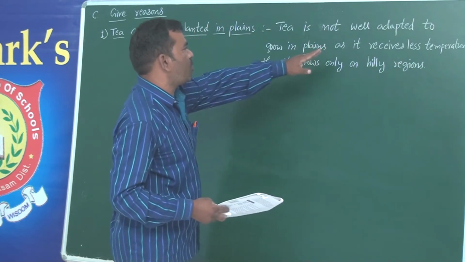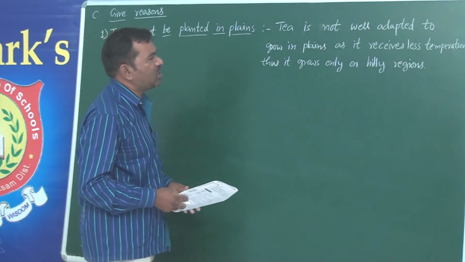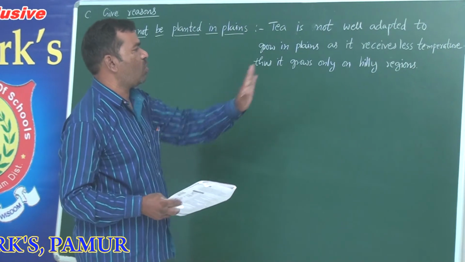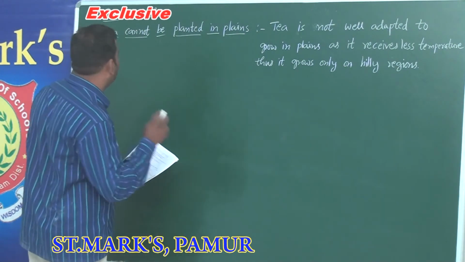Tea is not well adapted to grow in plains as it receives less temperature, thus it grows only in hilly regions. So that is one.